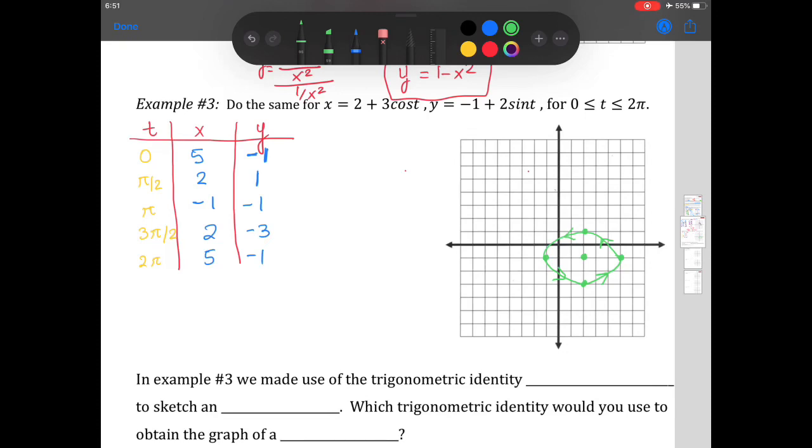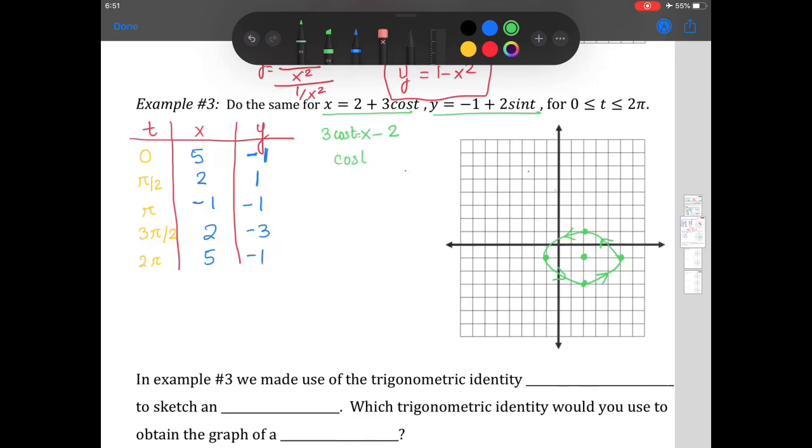So now let's see, when I eliminate the parameter, shouldn't I get my equation also of an ellipse? So here, if I look at these two equations, I'm going to solve for cosine t. So what do I get? 3 cosine t is equal to x minus 2.